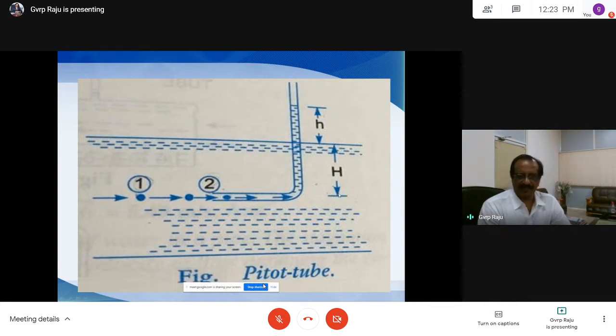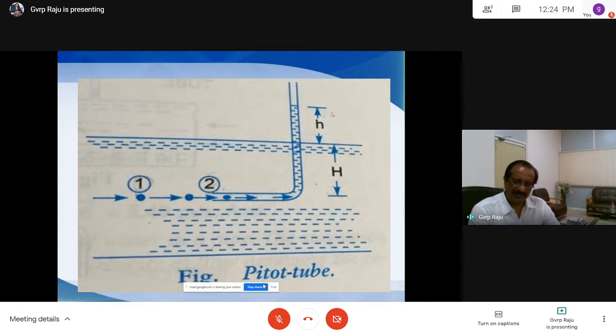This capital H is called the static head, and this small h is called the dynamic head. Small h for dynamic head and capital H for static head. If you see here, this is all static, and because of the velocity change there is a rise above the surface, and this is called the dynamic head.